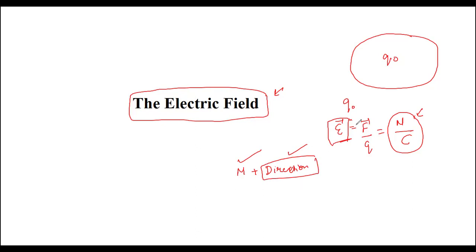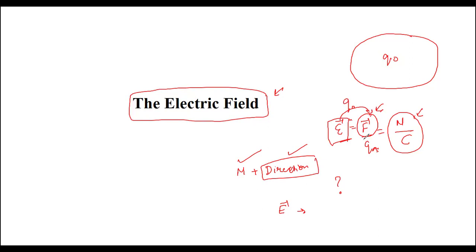Magnitude we can have by plugging in the numbers and finding the answer, but what about the direction? The direction of electric field is taken as the direction of the force, because E is F upon Q. F is a vector quantity, Q is a scalar quantity. So the direction will be considered as the direction of force.